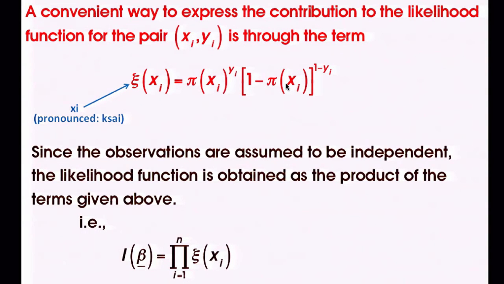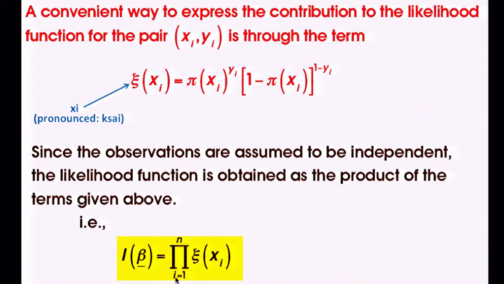So it's a beautiful function, this xi, because all you have to do to write down the likelihood function is simply take the product from i equals 1 to n of the xi's. Okay? Now, this Greek symbol, this capital pi, is the product of observations from 1 to n.